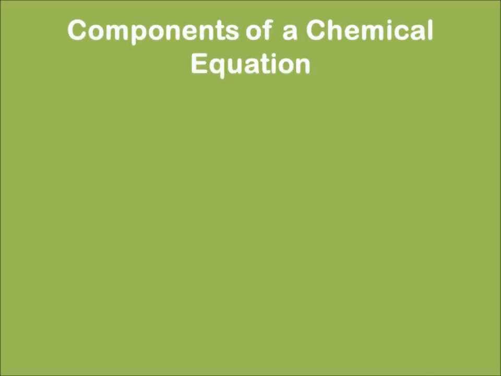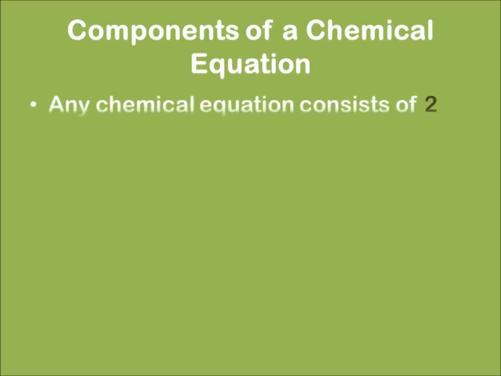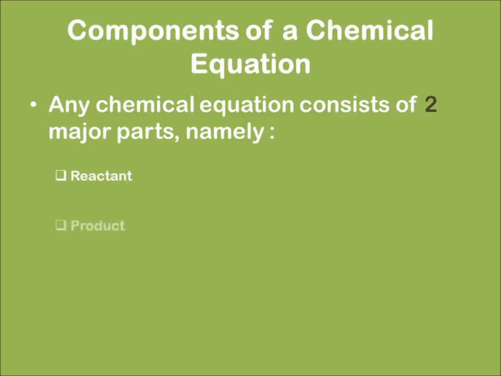The components of a chemical equation. There are mainly two major components in a chemical equation, namely the reactant and the product. Now let's define a reactant.